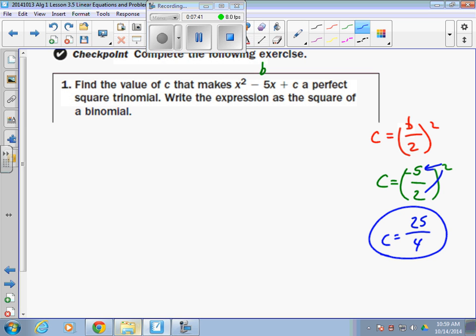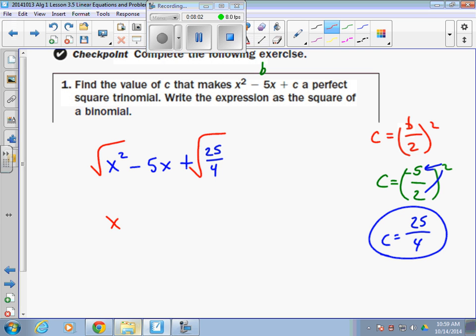So when you write it as a perfect square trinomial, it's ax squared plus bx plus c, and we just found out c is 25/4. Then it says write it as the square of a binomial. Again, real simple. Take the square root of a, and it's x. Take the square root of c.